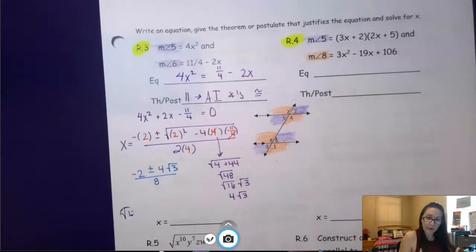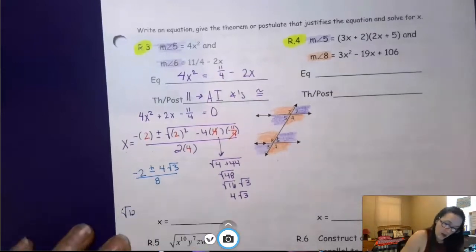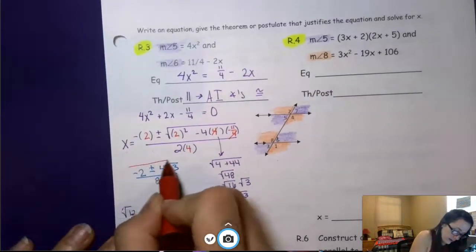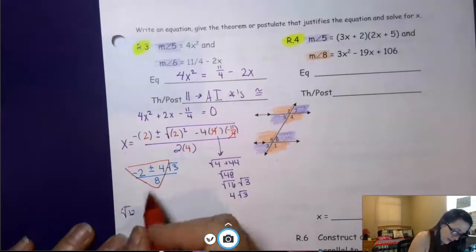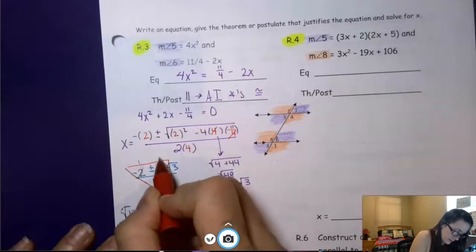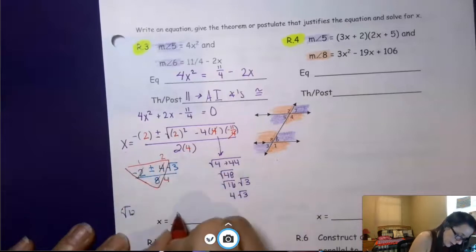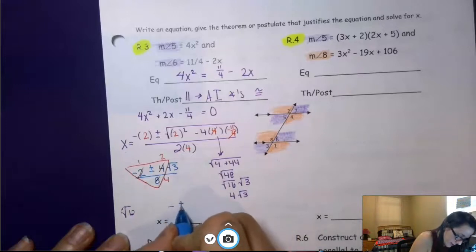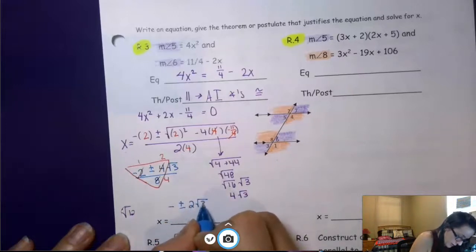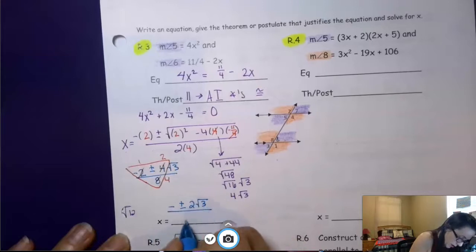So again, we've been doing it different ways, depending on what device you're putting the answers into. You can simplify here everything by 2. So I would end up with negative 1 plus or minus 2 root 3 all over 4.